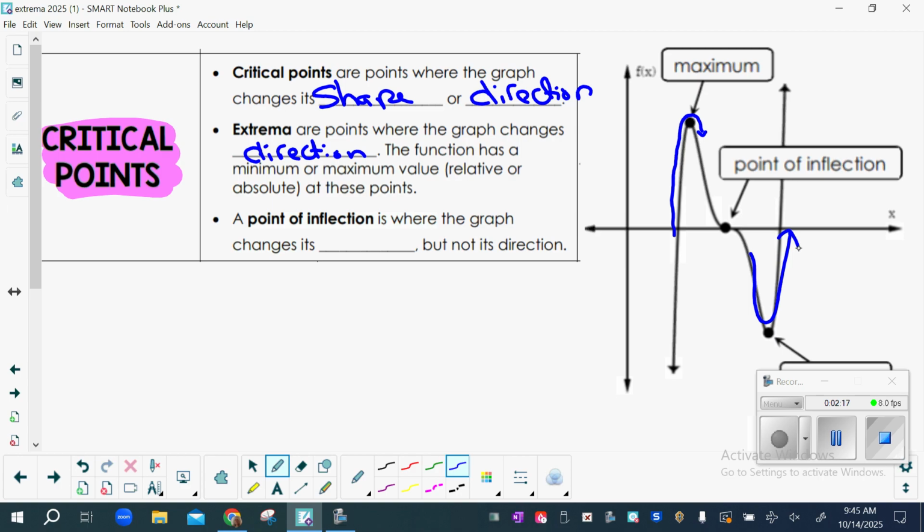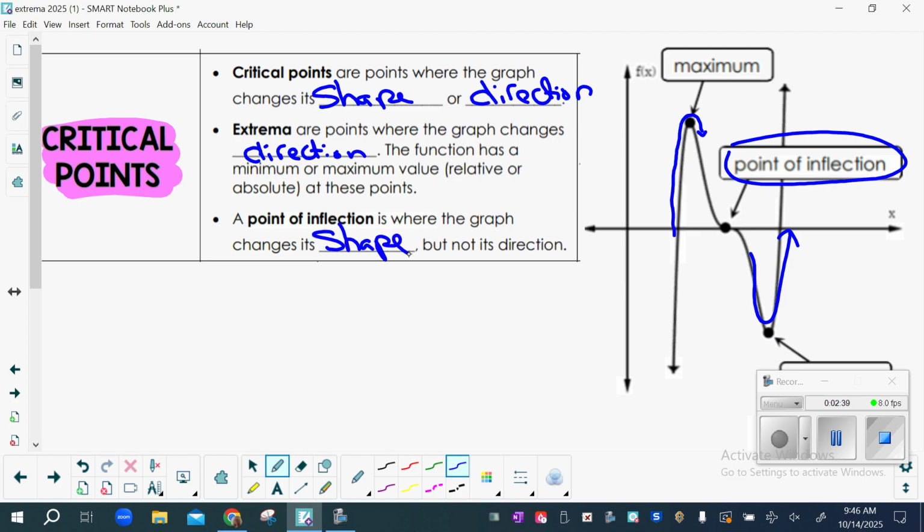Sometimes, though, your roller coaster just takes a rest. Like it gets to a point, and if you've been to the Big Dipper in Santa Cruz, you get to that point where it just kind of flattens out for a minute, and then it keeps on going. Where it flattens out for a minute, that is called a point of inflection. And what that is really doing is it's changing its shape.